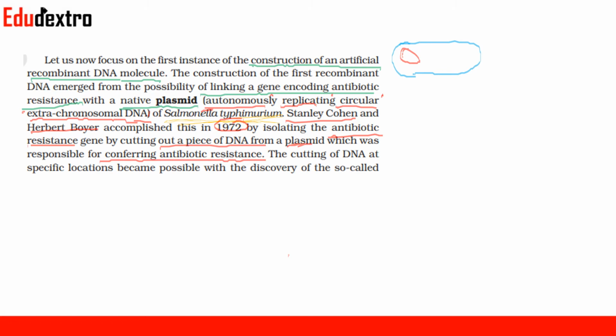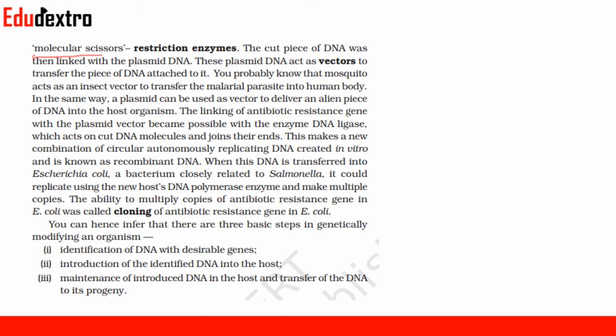The cutting of DNA at specific locations became possible with the discovery of the so-called molecular scissors, or the restriction enzymes. As I said, there was a plasmid from which they had cut out this region, which was responsible for the antibiotic resistance.